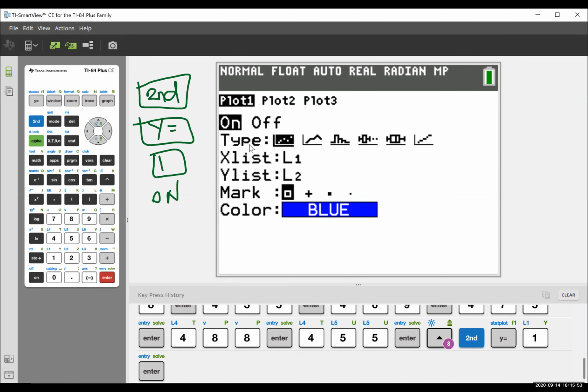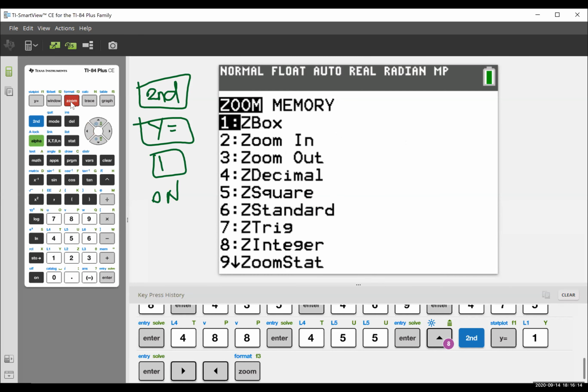And then you see the type. The first one is the scatter plot. And then X list, Y list, that's the default, so you don't have to change anything here. And then to graph it, it should be zoom 9.